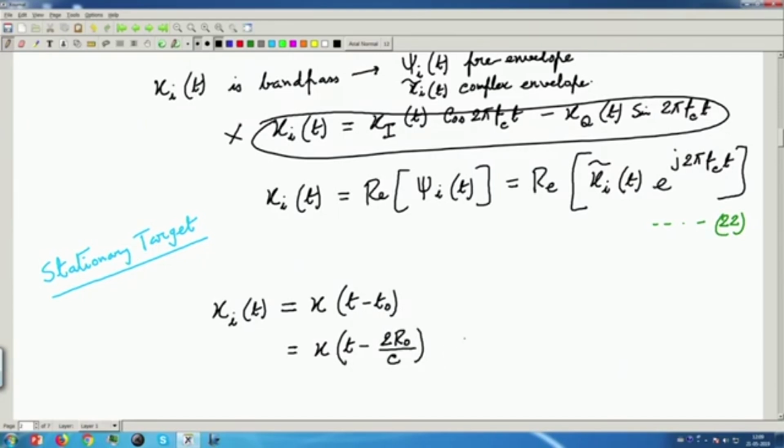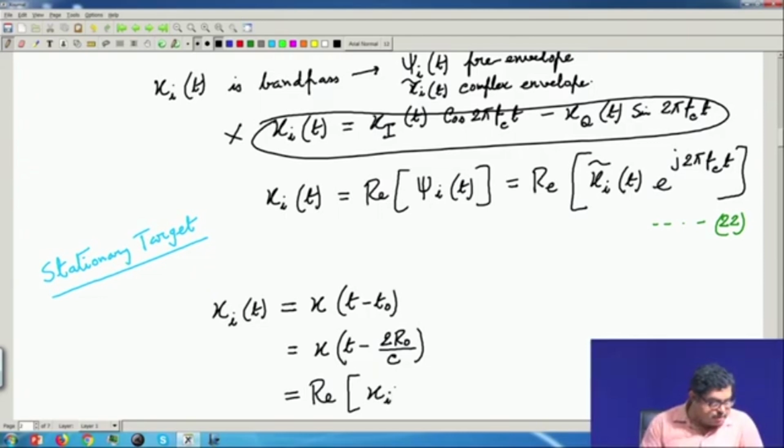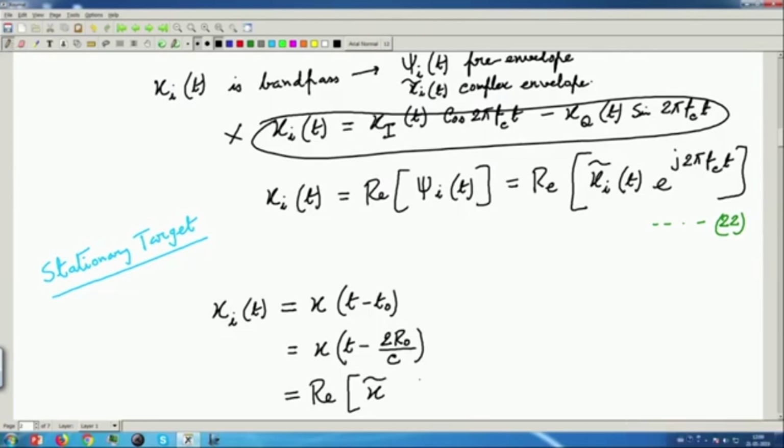So, now in terms of complex envelope, I can say that it is real part of x tilde, or instead of x tilde, if I write it directly in terms of a, so I can say real x(t minus t naught) e to the power j 2 pi f c (t minus t naught). This I can write by using 5.